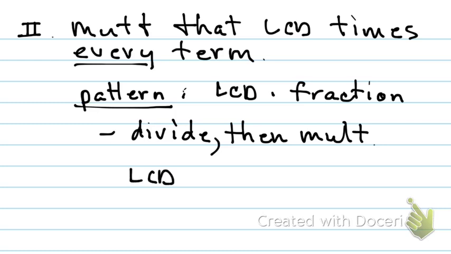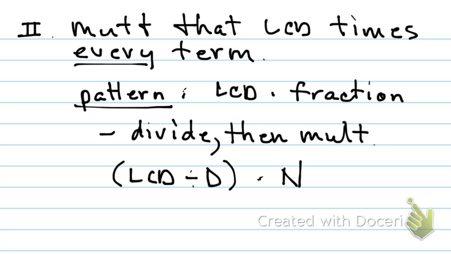You take your LCD and you divide it by your original denominator. Now I put that in parentheses because what does parentheses always mean in mathematics? Do that when? First, you bet. You do the division first. Once you do the division, then you're going to take what's left and multiply it times your numerator, if indeed there's anything left.